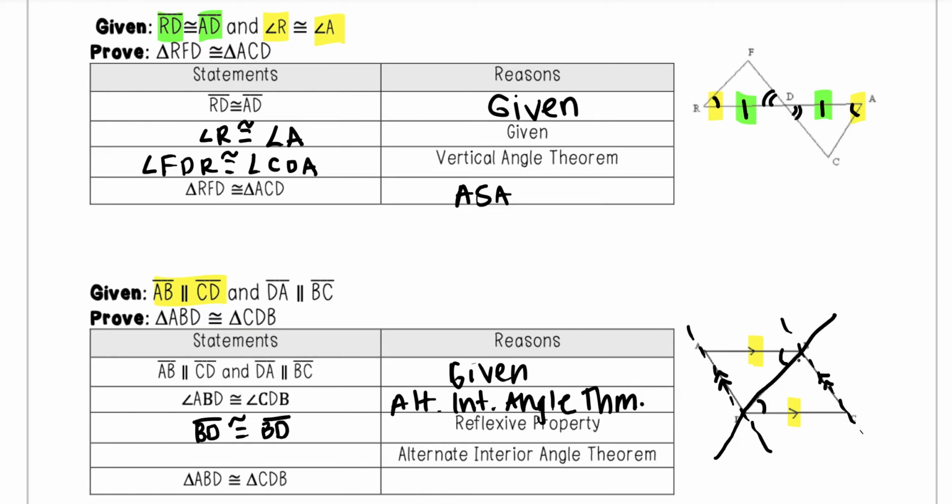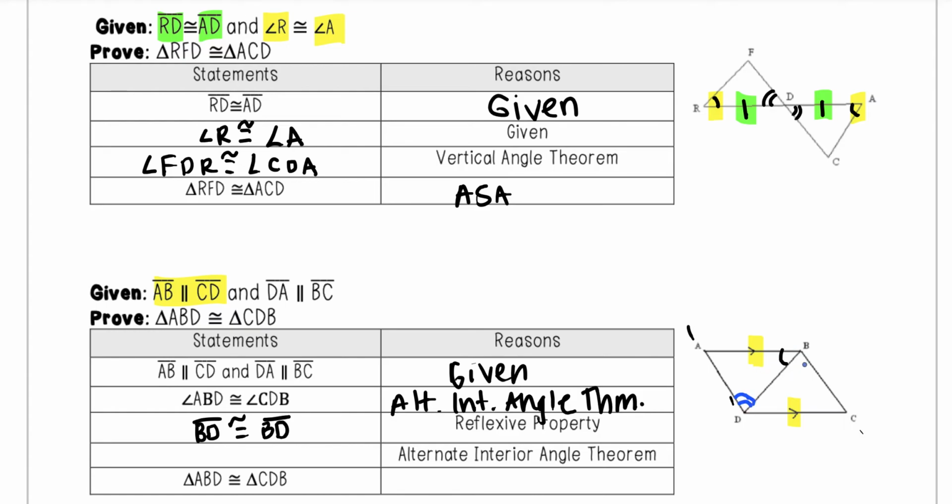I can't use the angles that we already marked, but I could mark another set of angles. So we've got this angle and this angle. They're in between the parallel lines and they're on opposite sides of the transversal. That means that those would have to be alternate interior angles. We're going to name them based on their vertices here.